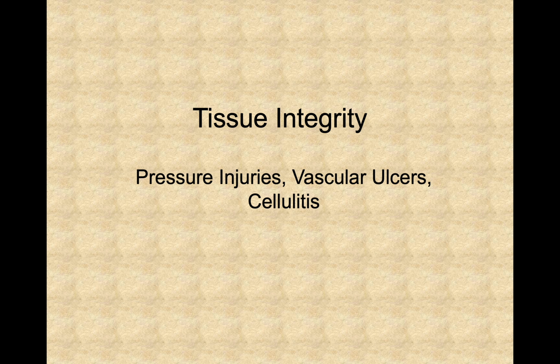We're just going to look at it in a different part of our body that is infected. And then lastly, we'll talk about what we call vascular ulcers, and that can include both venous stasis ulcers as well as arterial ulcers.